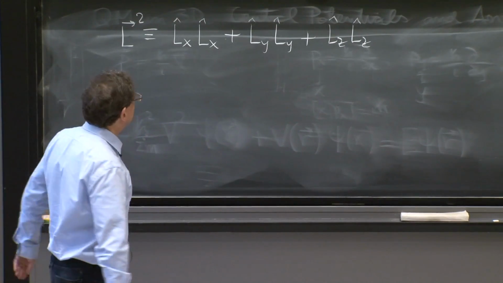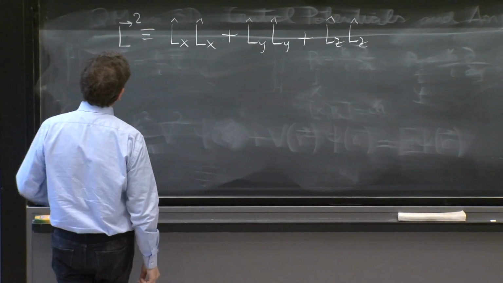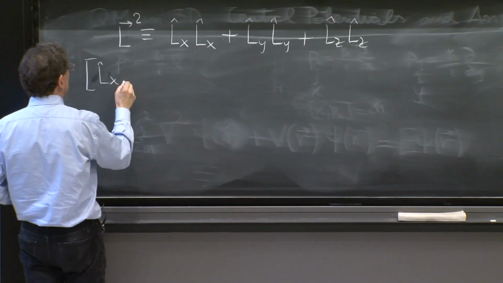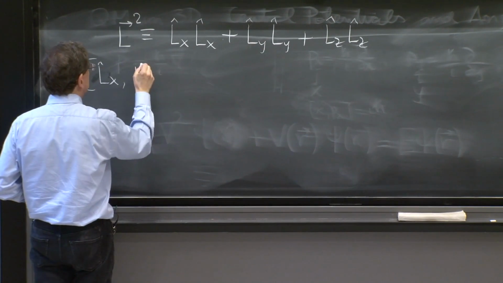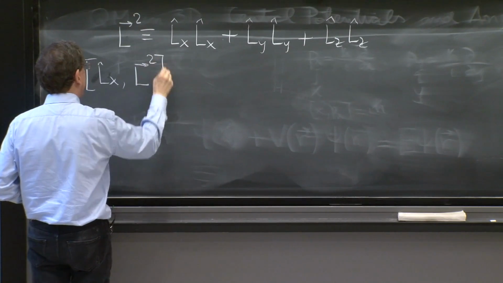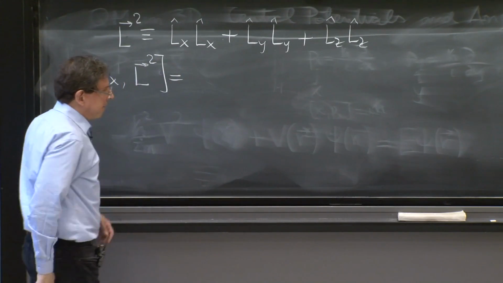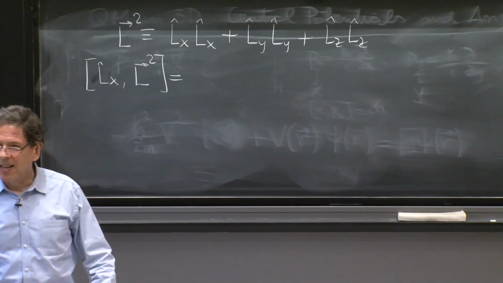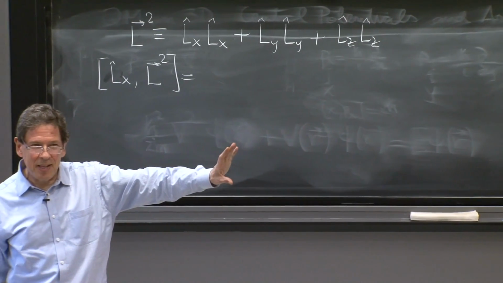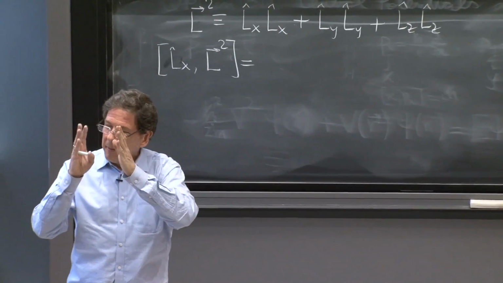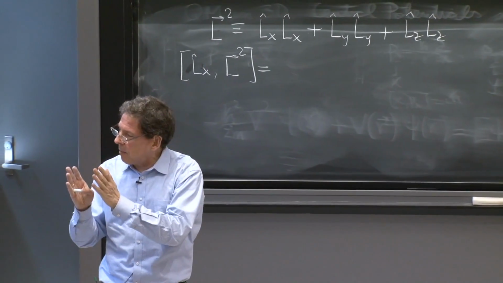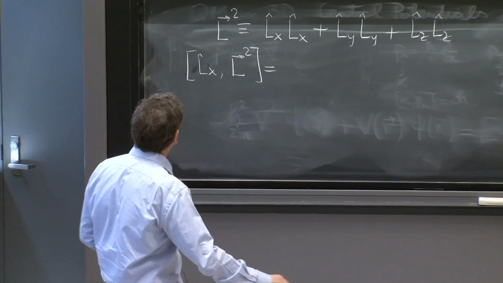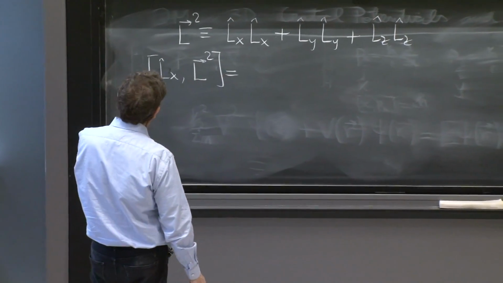And we try to see if maybe Lx commutes with L squared. Remember, we had a role for L squared in this differential operator that had the Laplacian, the angular part of the Laplacian was our role for L squared. So L squared is starting to come back.